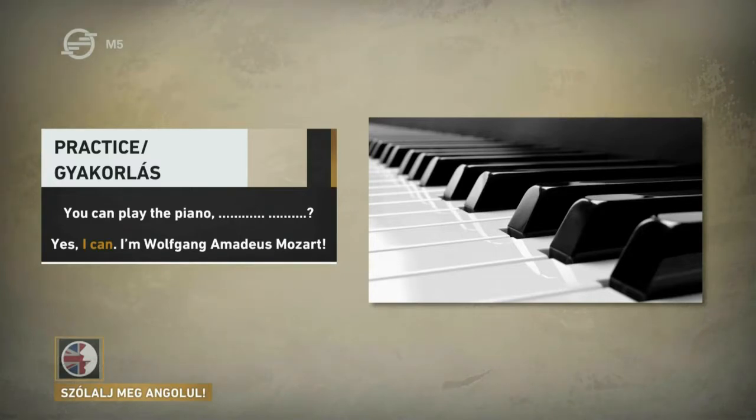Can anyone remember? Yes, good. Correct, a whack-a-squillo monkey in the tree. The negative of can is can't. So the question tag is can't you? You can play the piano, can't you? Yes, I can. I'm Wolfgang Amadeus Mozart.